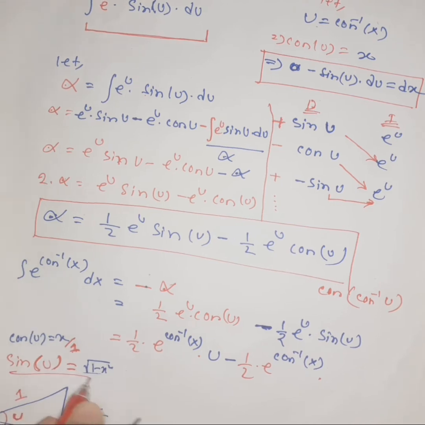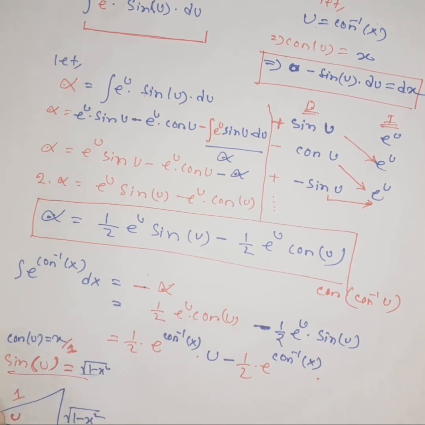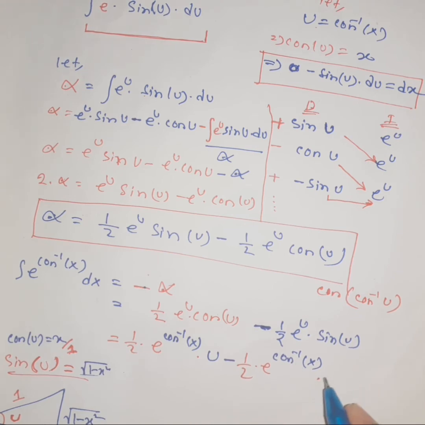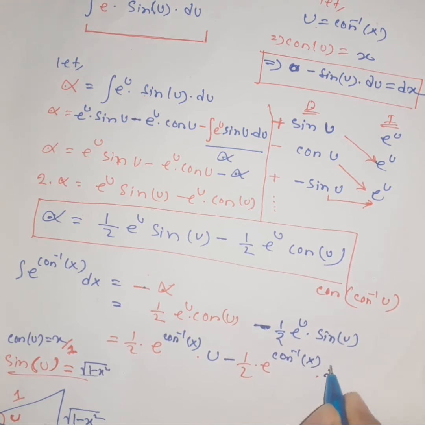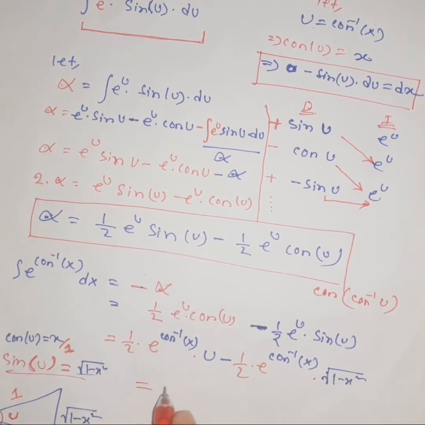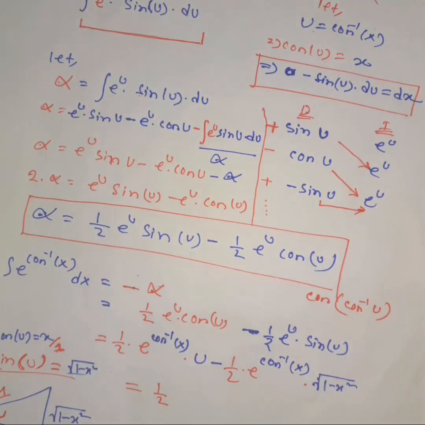So let's plug in this value here: half e to the cosine inverse of x times the square root of 1 minus x squared. Okay, now we are done. So this is equal to half, well, I made a mistake here.